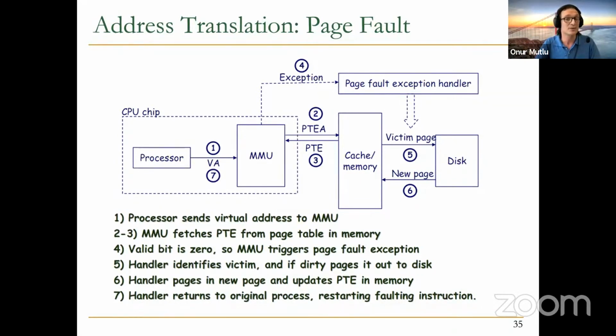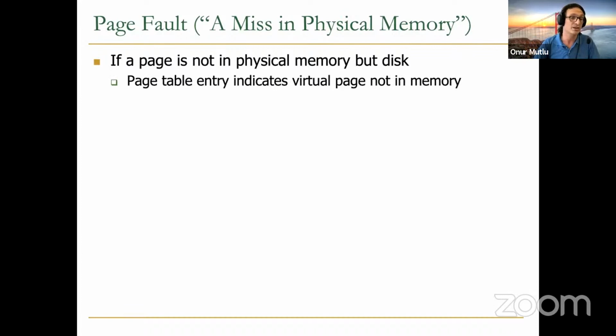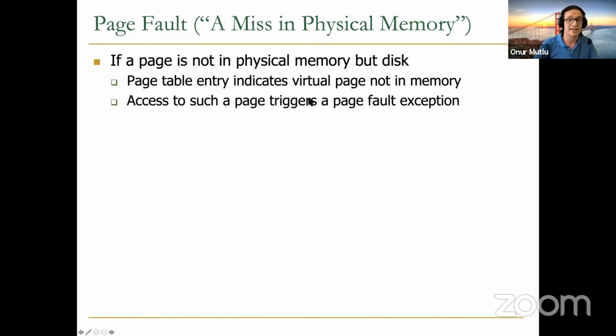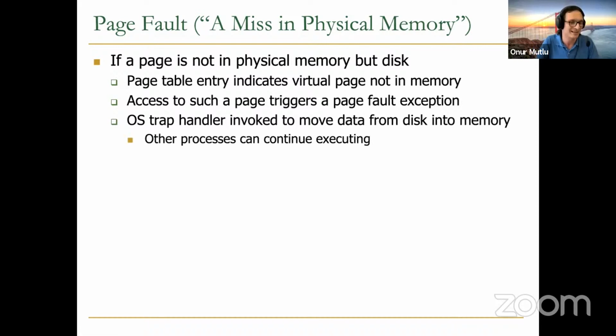Page fault handling is a lot more, and I'm going to give you an overview without going into a whole lot of detail, but I've given you one example of the complexity that is introduced when you evict something from physical memory. We've discussed this already. You incur a page fault exception when you access a page table entry that doesn't have the valid bit set, and you invoke an OS interrupt or trap handler, an exception handler actually.